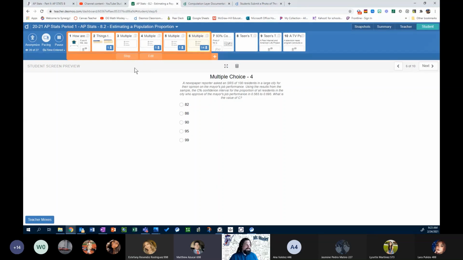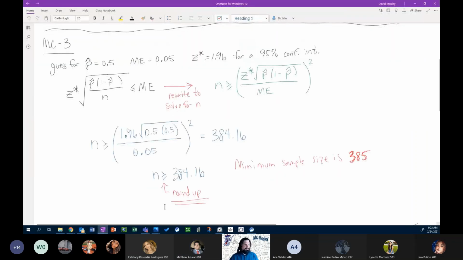Well, the formula we've been provided, essentially from the textbook and everything, is z star times the standard error less than or equal to margin of error, right? Where z star is our critical value.